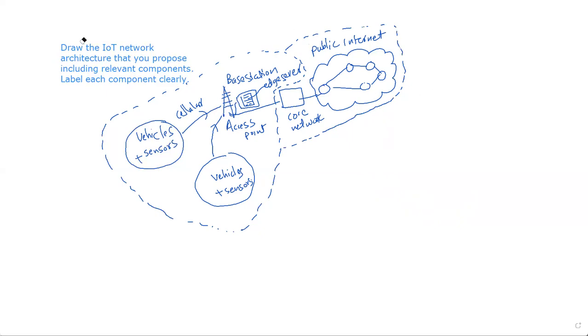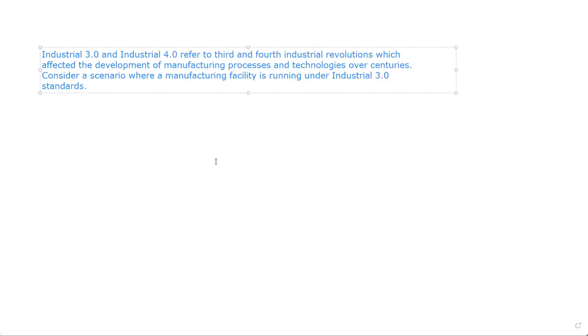Thank you. So I will move to the next question. In the next question, I have asked about the industrial IoT networks. In industrial IoT networks, I have discussed two types of standards, Industry 3.0 and Industry 4.0. In cases where we have Industry 3.0, we might need to improve that situation up to the performance of Industry 4.0.